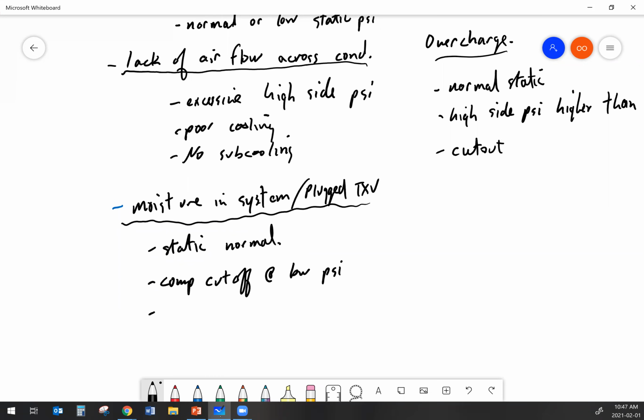Your gauges will not equalize quickly, and the reason the gauges don't equalize quickly is because there's no flow across the expansion valve.